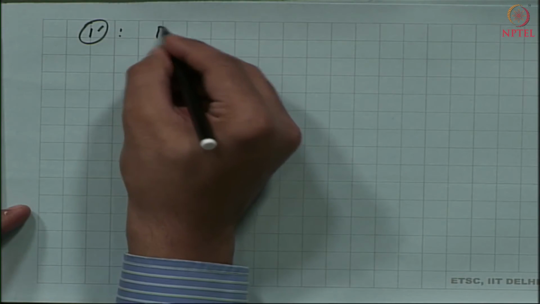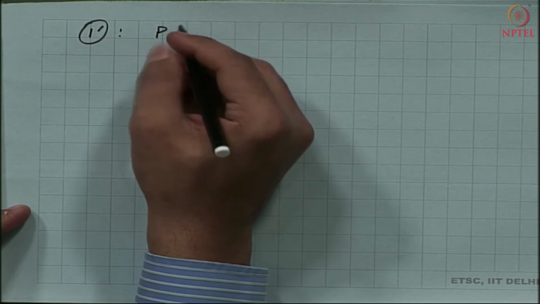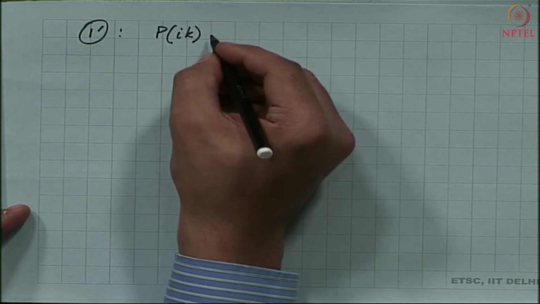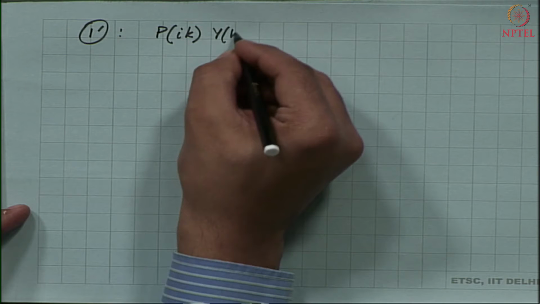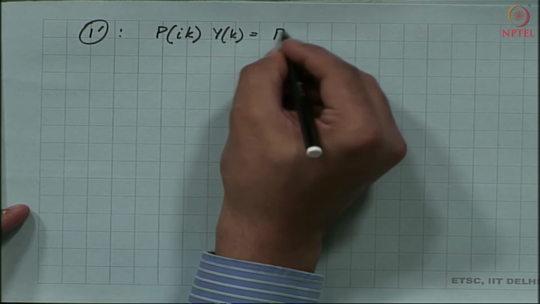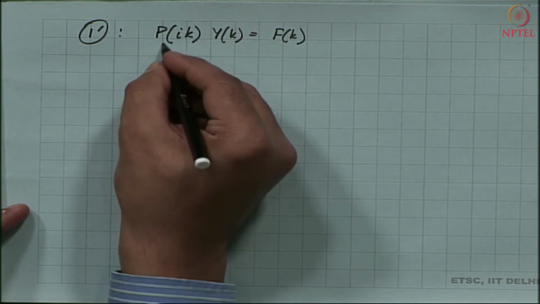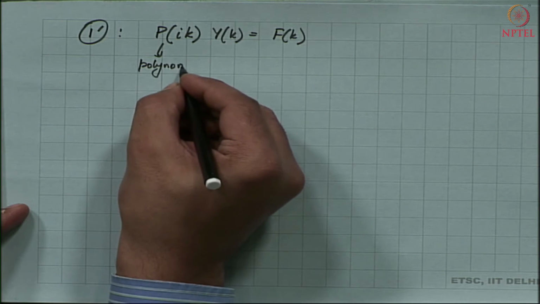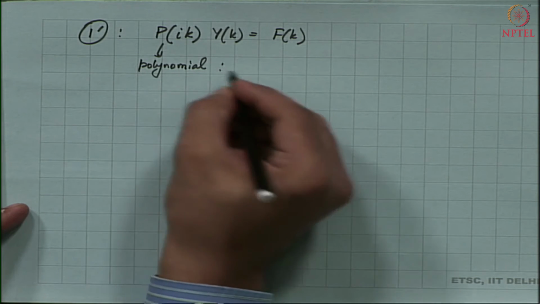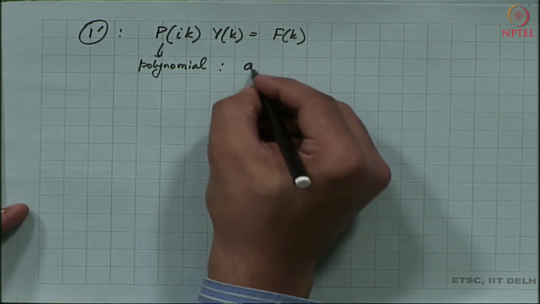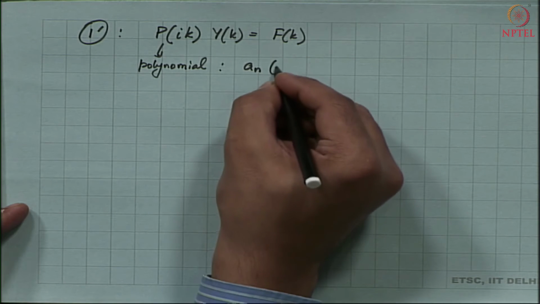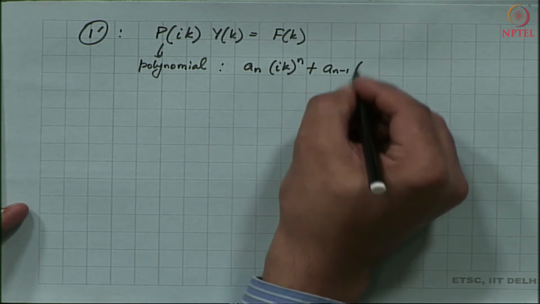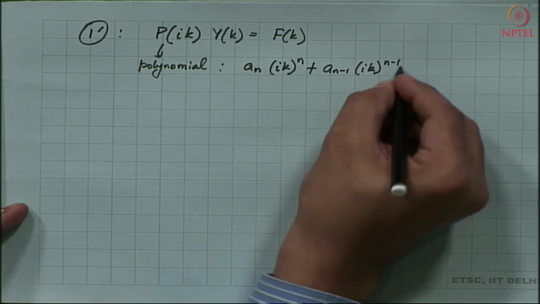It is a product of two functions, the left hand side P(ik) times Y(k) equals F(k), right. Where this is a polynomial which looks as follows. P(k) is a_n (ik)^n plus a_{n-1} (ik)^{n-1} and so on.